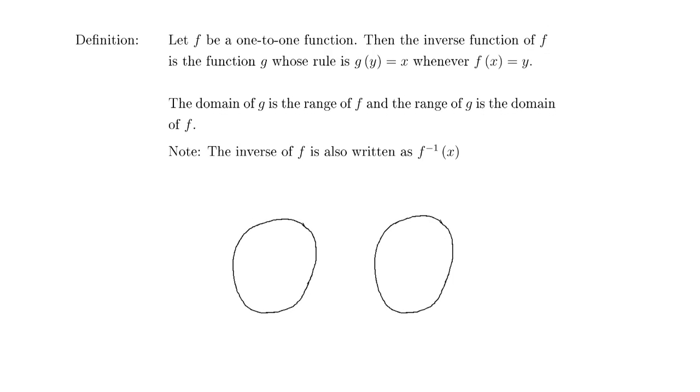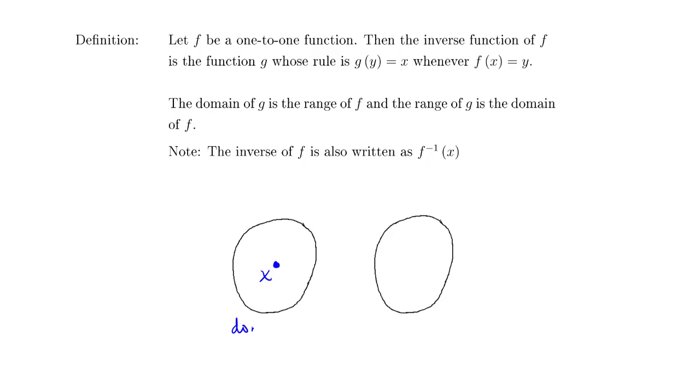Let's get a nice definition. Let f be a one-to-one function. Then the inverse function of f is the function g, whose rule is g(y) equals x whenever f(x) equals y.